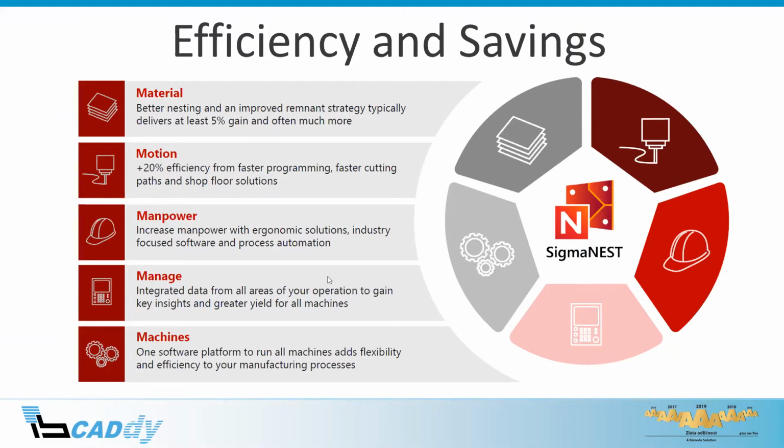In management, our solution integrates data from all areas of operation, giving you key insight and great yields from your machines. Lastly, SigmaNEST allows you to run all of your machines from one software platform, allowing you to share skills throughout the factory, therefore increasing flexibility and efficiency.